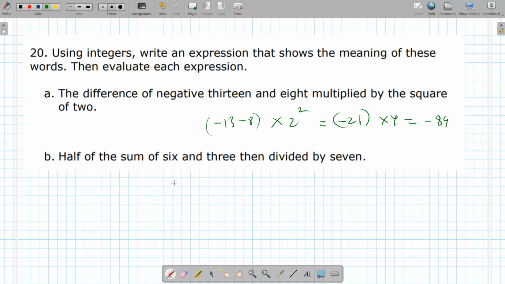Look at part B. Half of the sum of 6 and 3, then divided by 7. Six plus 3.